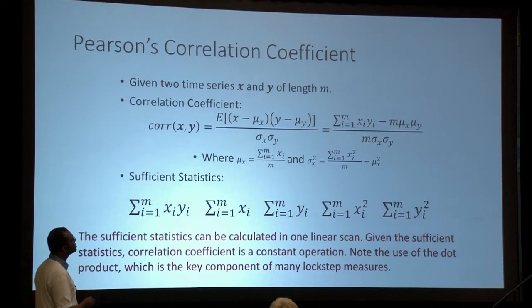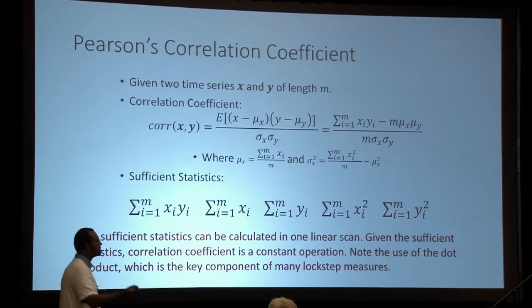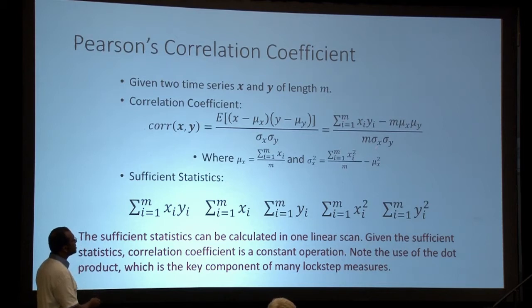Because it has 5 elements. So I'm spelling it out. This is the dot product. Here in this case, the vectors are of size m. You use the dot product between the two time series x and y, subtract m times the mean of x and mean of y, and divide the whole thing by m times the standard deviation of x and standard deviation of y. And this standard deviation can be calculated in this way, and the mean can be calculated in this way.